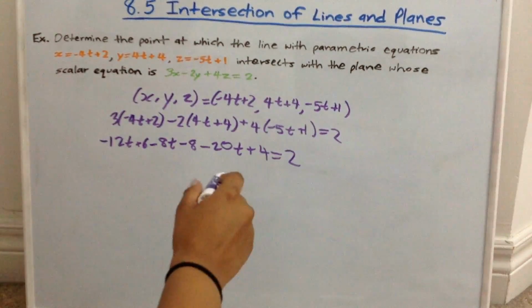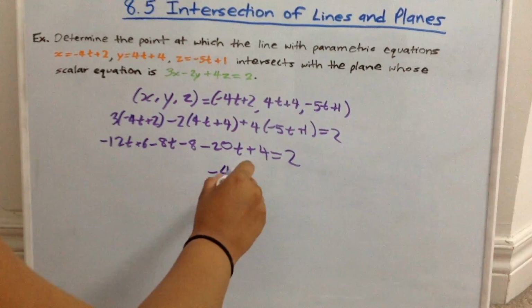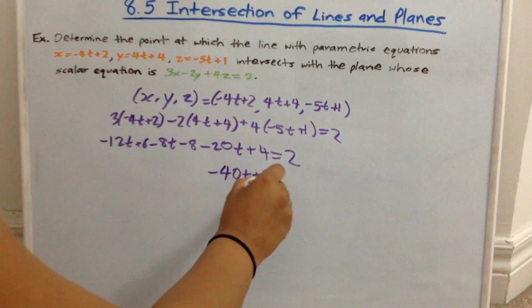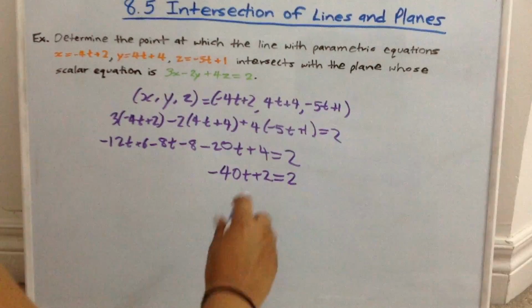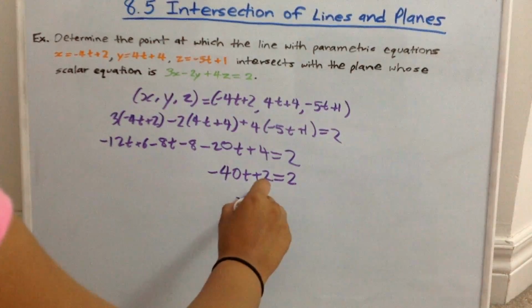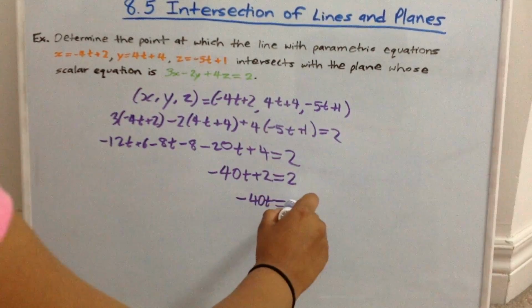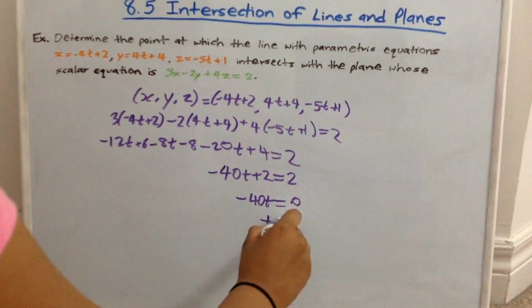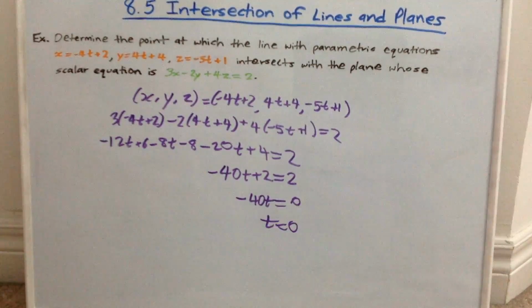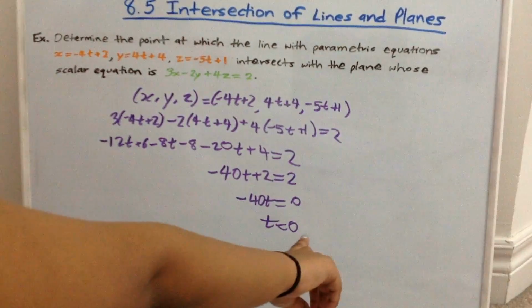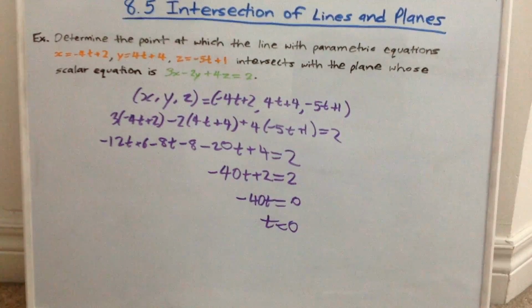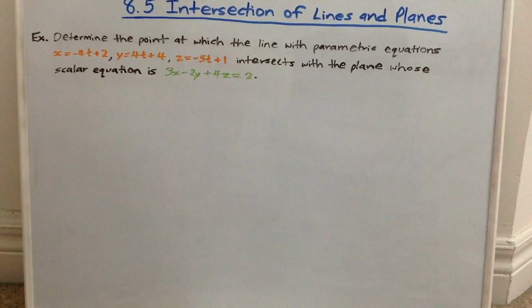And when we collect the like terms, we get negative 40t plus 2 equals 2. So now we can bring 2 to the other side, and we get negative 40t equals 2 minus 2, which is 0, so t is equal to 0. So now that we know that the t value is equal to 0, this equation is true for all values of t, and any point on the line is a solution. Therefore, the line lies completely on the plane.